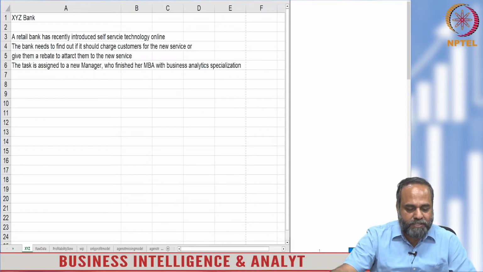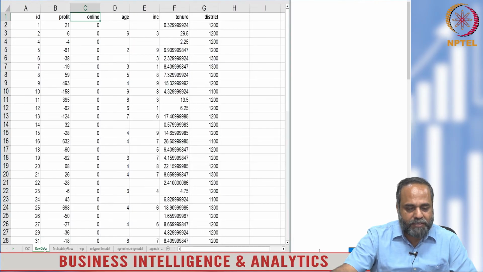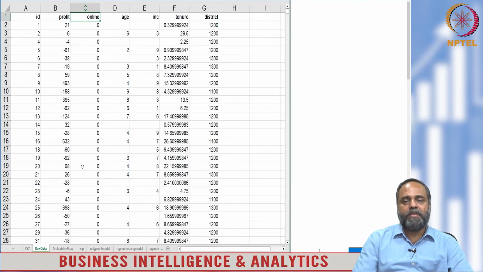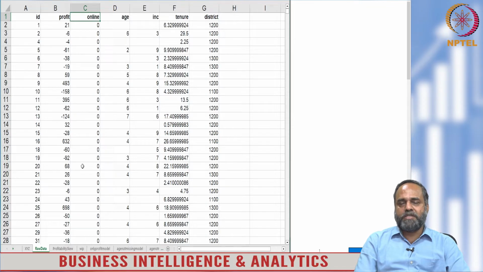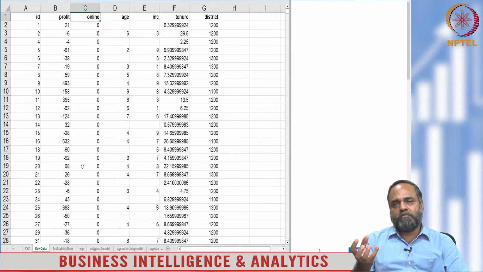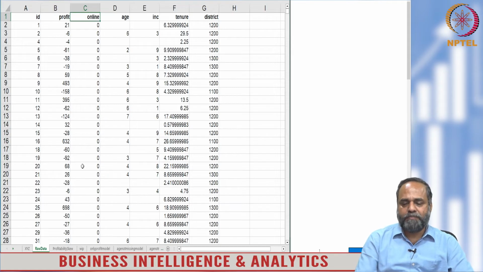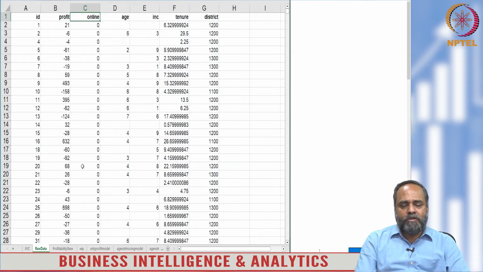So there is some idea that the new manager has figured: to look at the customers, or a subset of customers or a sample of the customer base, and look at how customers are performing, particularly using some measure of performance.